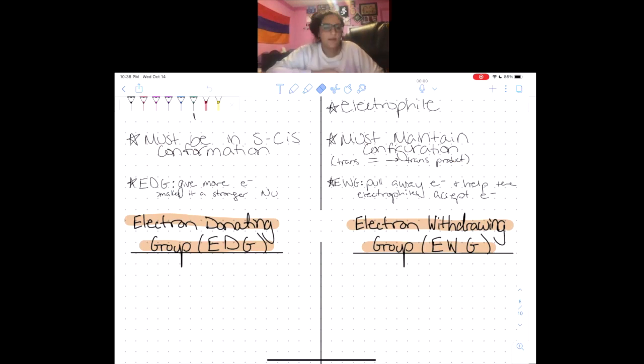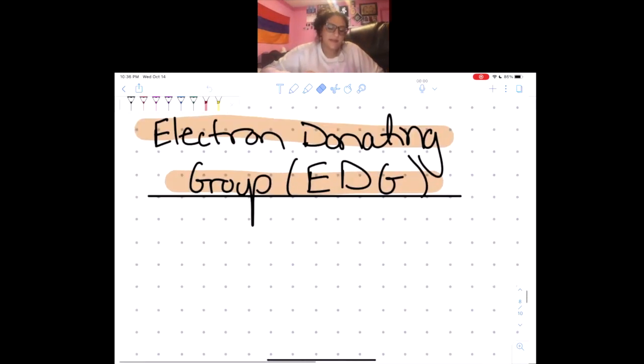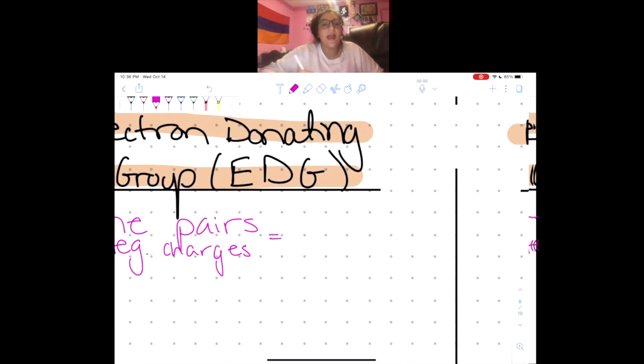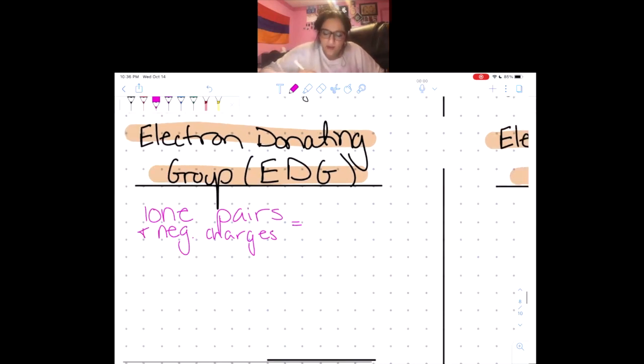So essentially, the biggest thing that tells us that something is an electron donating group is lone pairs and negative charges. And that is because both of these things mean that we have extra electrons, obviously.